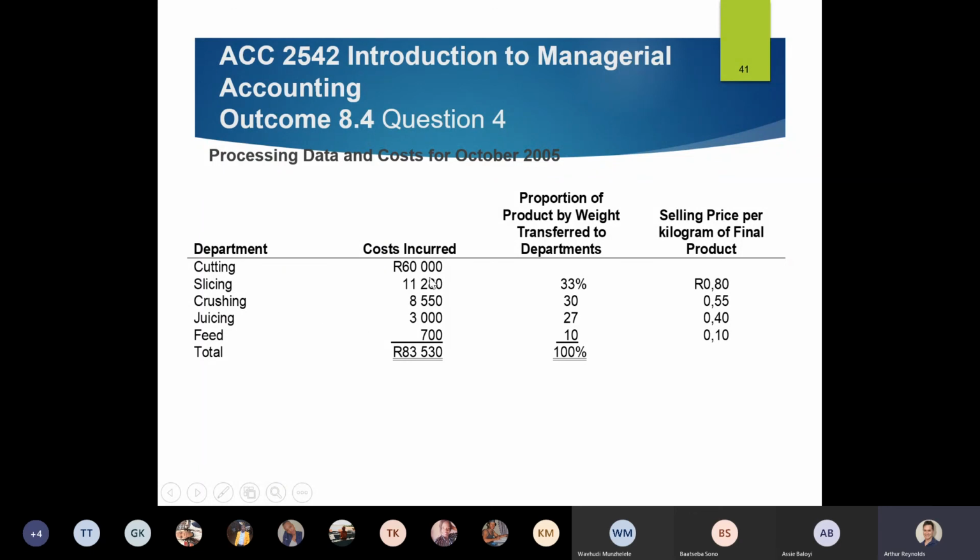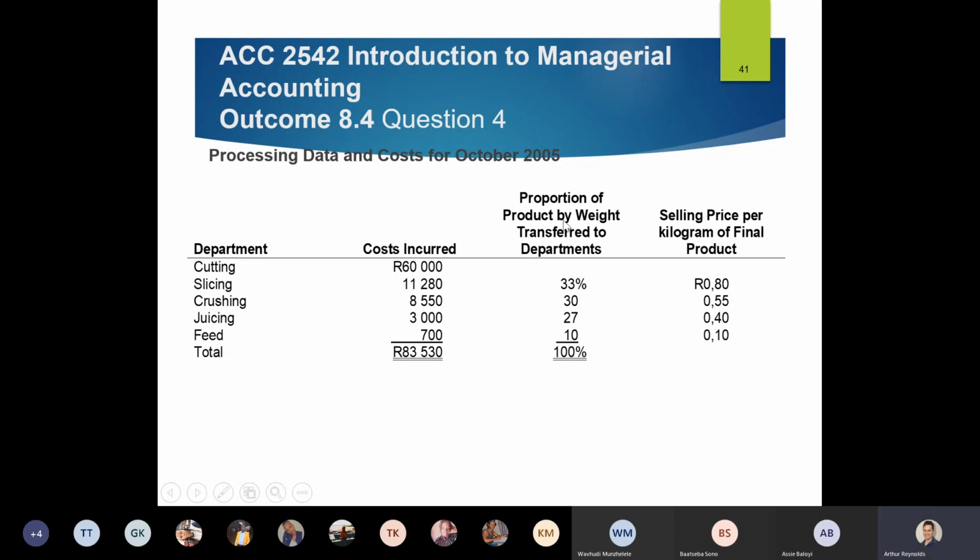These are the specific costs after the split off point. Everything together gives you 83.